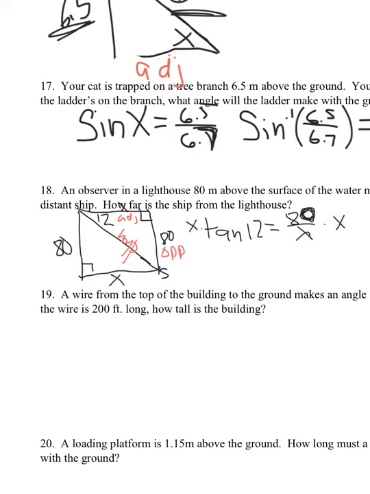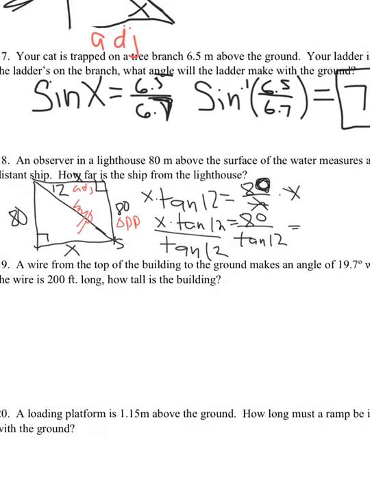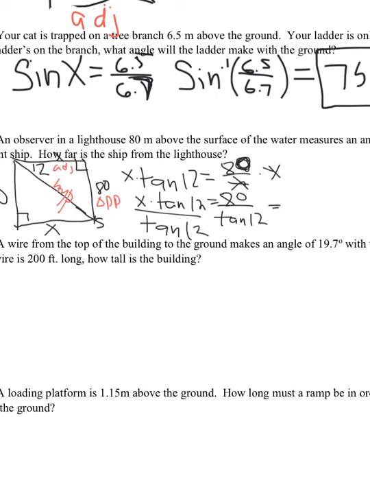Two steps: times x to both sides. That cancels. You get x times tangent of 12 equals 80. Divide by tangent 12, and you get 80 divided by tangent 12.